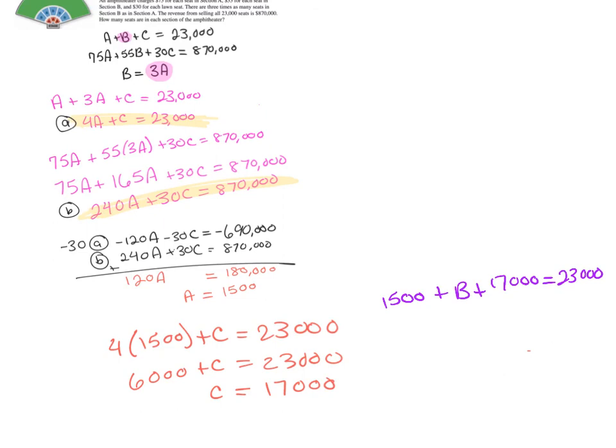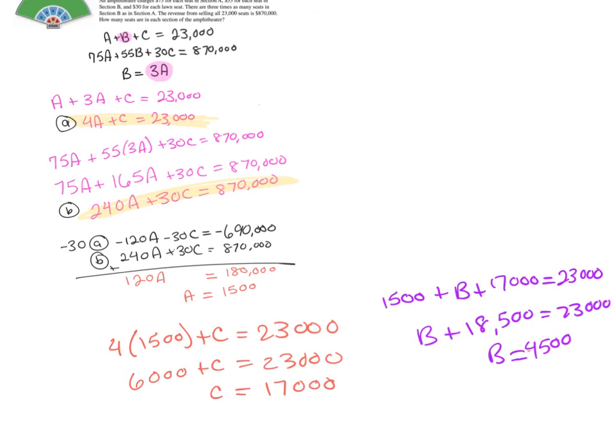And we simplify. So we can add those numbers together. 18,500 equals 23,000. You'll subtract 18,500 to give you 4,500. So there's your solutions, okay?